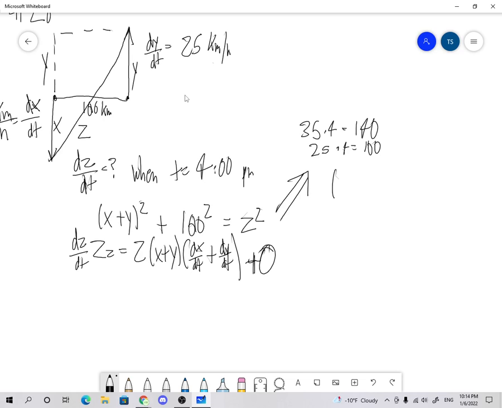Now, that's going to be 140 squared plus 100 squared equals z squared. That means z is going to be equal to the square root of 140 squared plus 100 squared. 140 squared is 19,600, plus 100 squared, and the square root of that, 67600 total, is going to be 260.